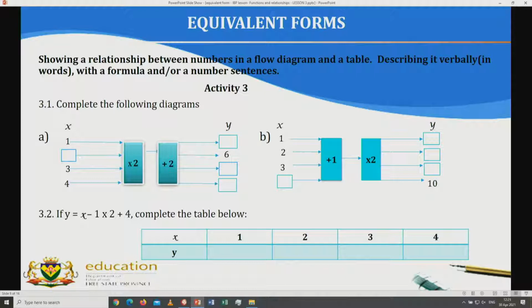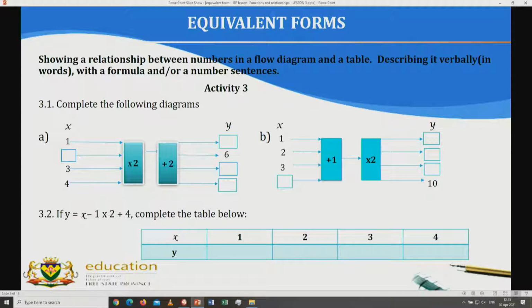Now let's look at diagram number A. We firstly have to write the number sentence. Remember, I said that for you to be able to work out the input or the output values, you firstly have to write a number sentence. 1 multiplied by 2 plus 2 equals the unknown value of y.